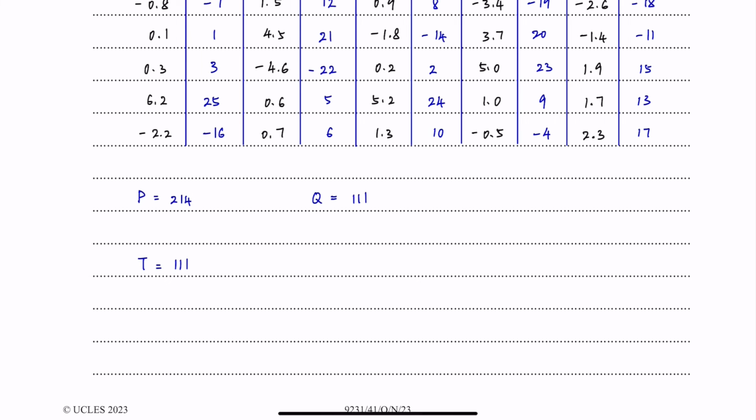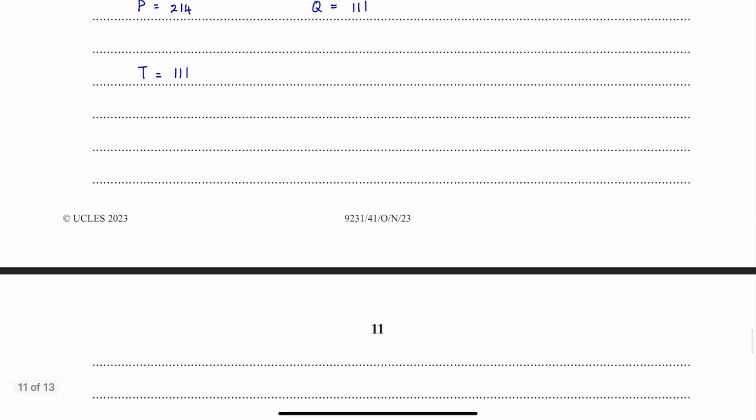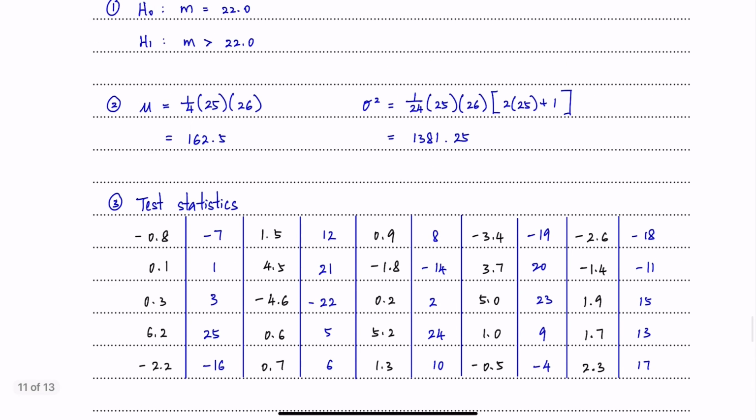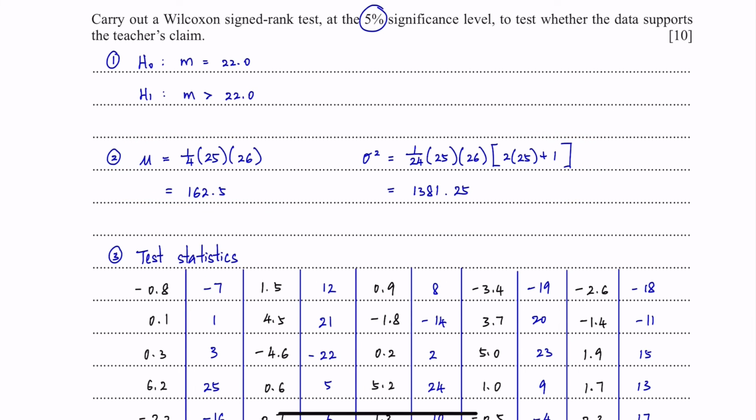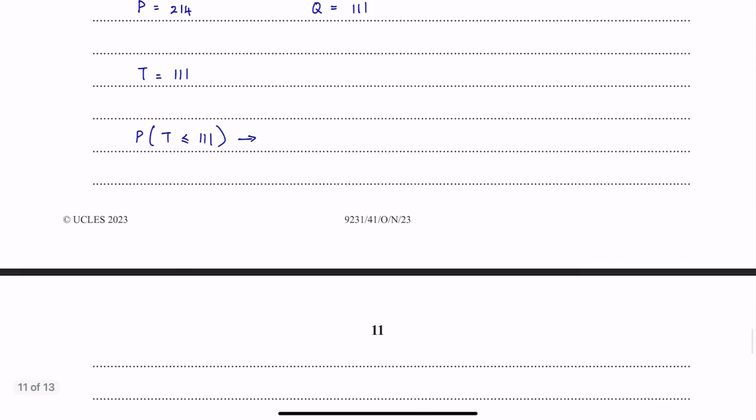Okay, and now we need to find the probability that t is smaller than or equal to 111, and we will need to do a correction to this value because we are changing it to a normal distribution, right? Remember this? We are changing it into a normal distribution, so we need to do a continuity correction.